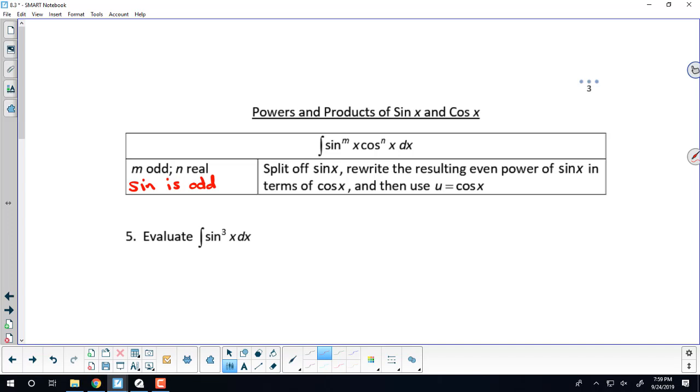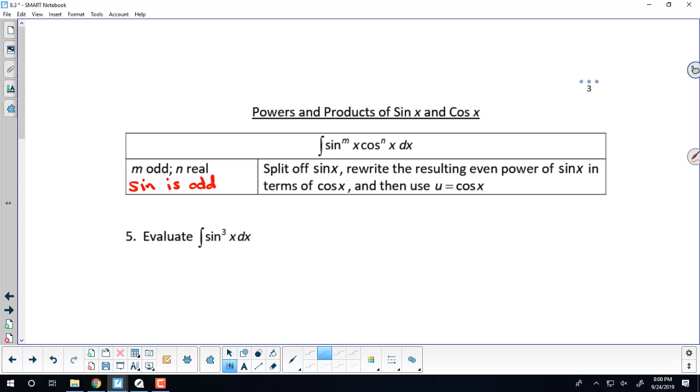You'll notice the similar pattern. The thing we split off, you want to put it next to your dx or your differential, because the thing you split off with your dx is basically like your dv. It gives you insight onto what your u substitution should be. All of these powers in 8.3 that we see of sines, cosines, secants, and tangents, cosecants and cotangents, they're all u substitutions except for even powers.